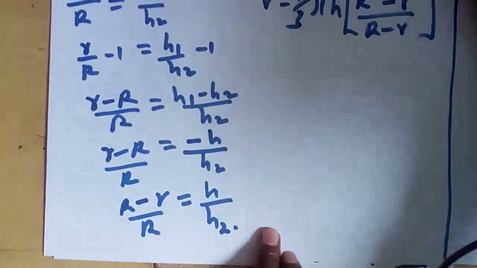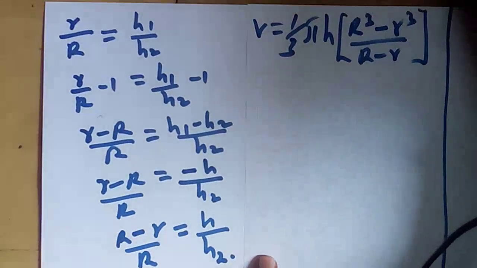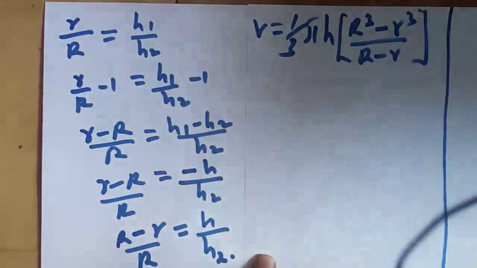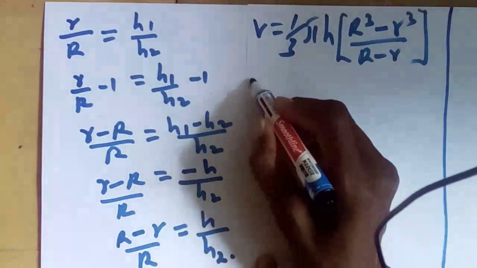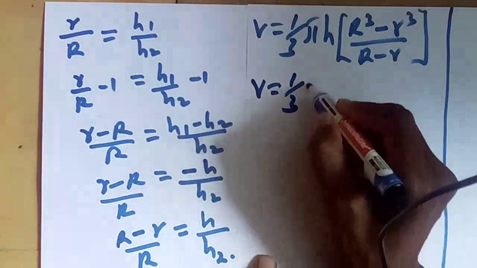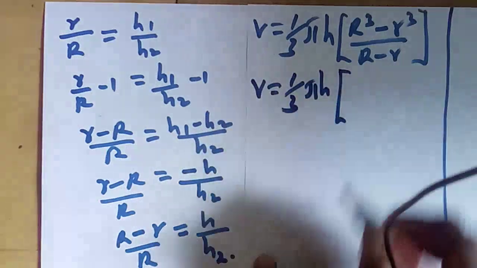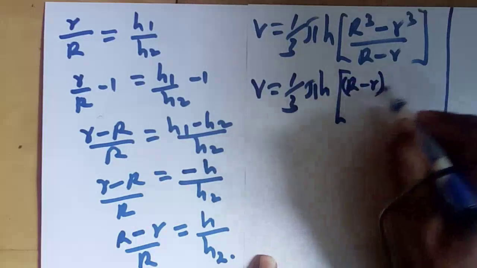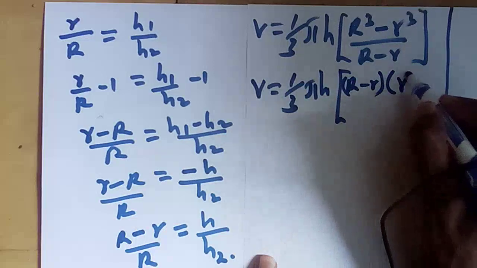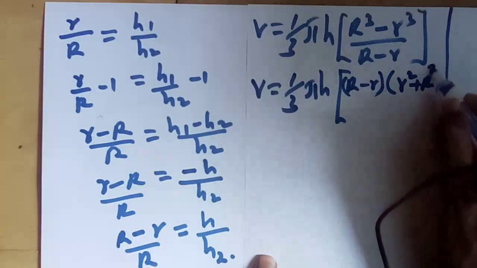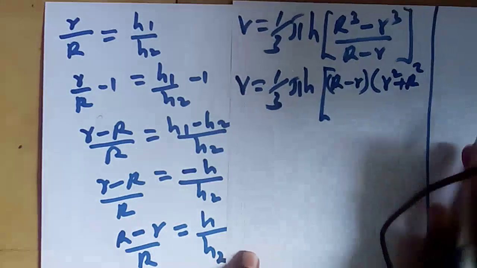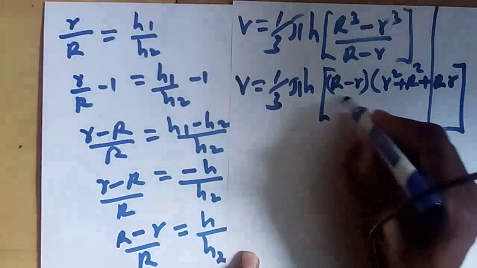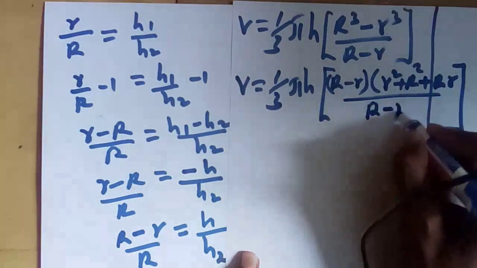We can simplify this particular formula by doing what? This is actually a difference of two cubes. And therefore, we can say volume is equal to a third pi h into, this one is going to be R minus r, that's the first one, into R squared, capital R squared, and then this one is going to be plus Rr, that is over R minus r.